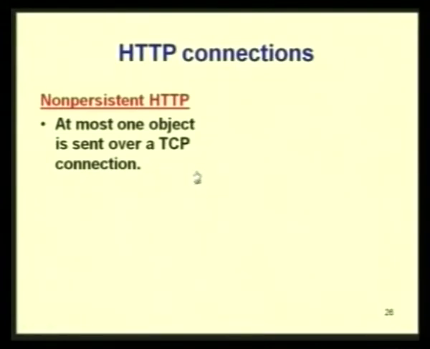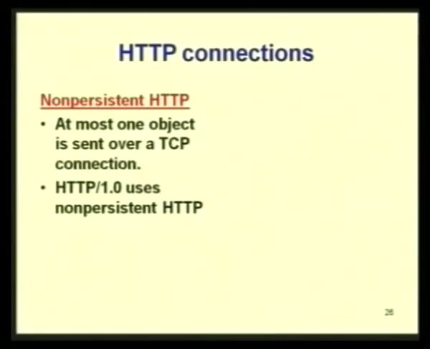Remember that a single web page that is retrieved will have some base content, and it will have some objects embedded in it. So, with non-persistent HTTP, for every object that is to be retrieved, you will have to establish a separate TCP connection. So, at most one object is sent over a TCP connection. The HTTP 1.0 version uses non-persistent HTTP.